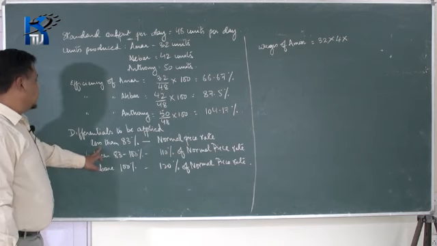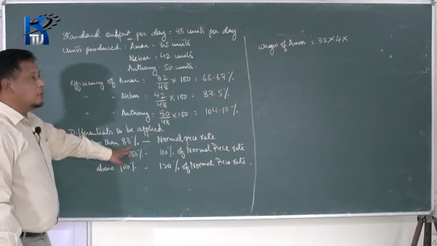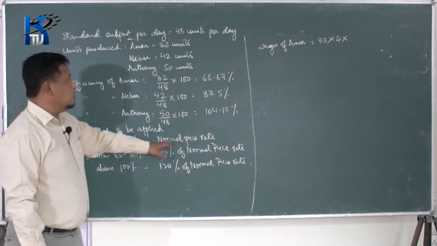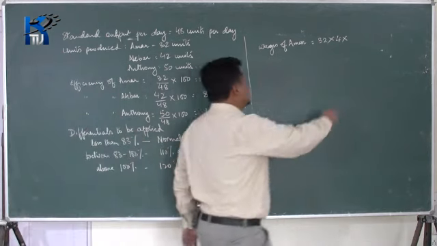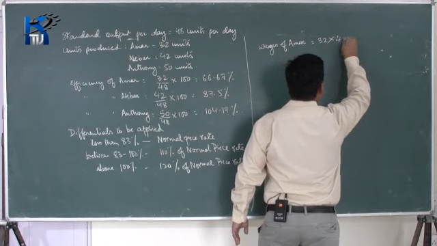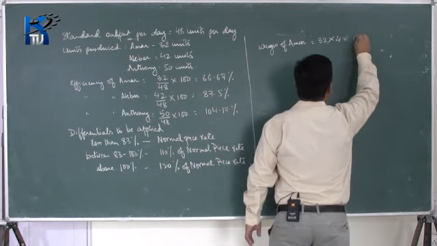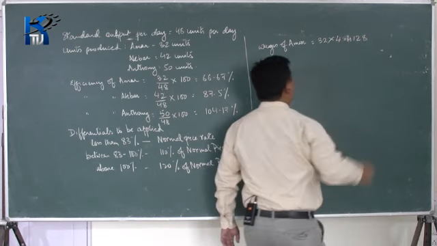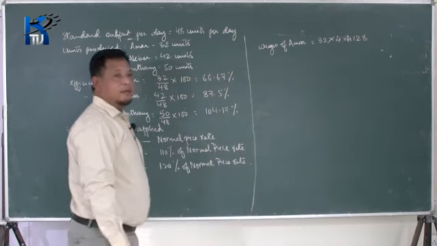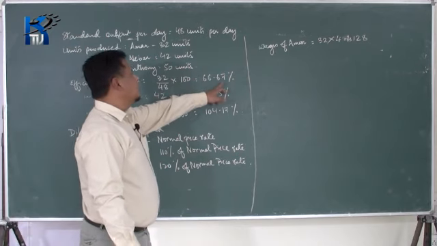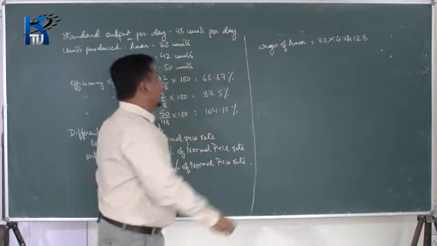That means he has produced at less than 83% efficiency. So under this differential, he will be provided with the normal piece rate. That means rupees 4 into 32 equals rupees 128, since he has produced only 66.67% efficiency.